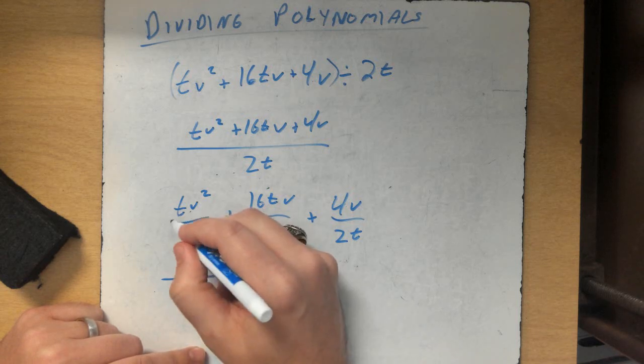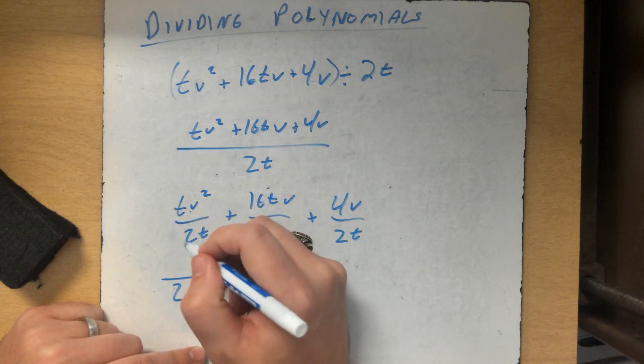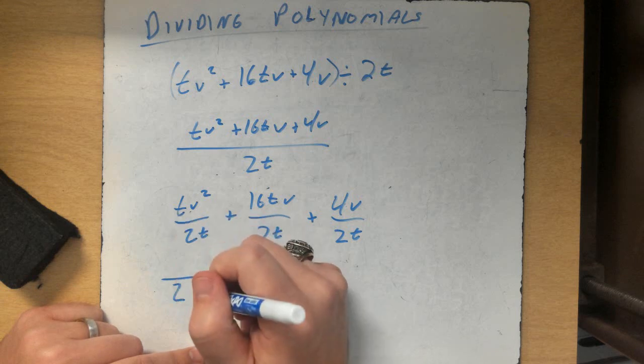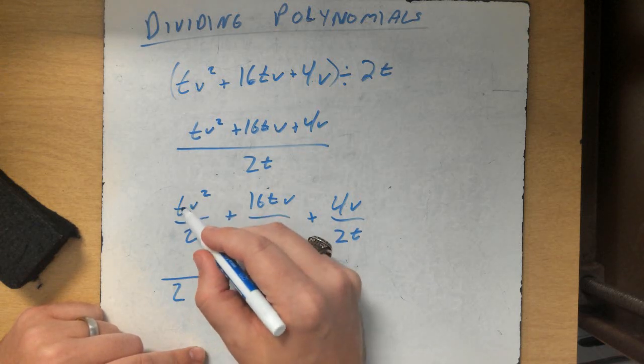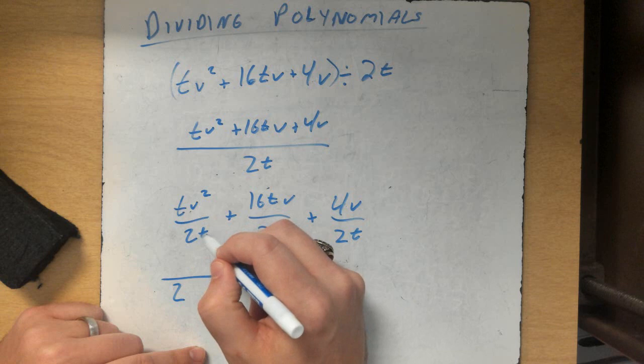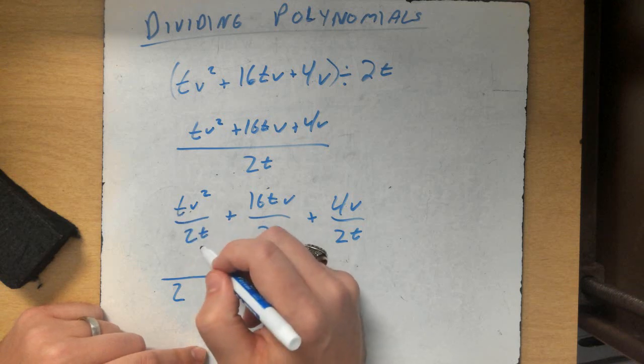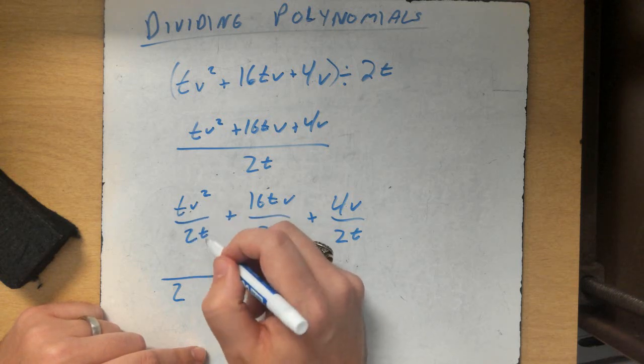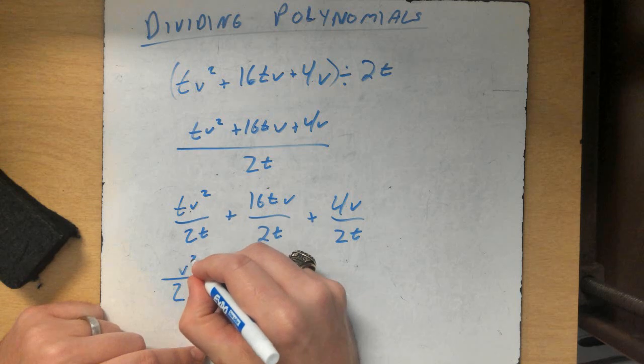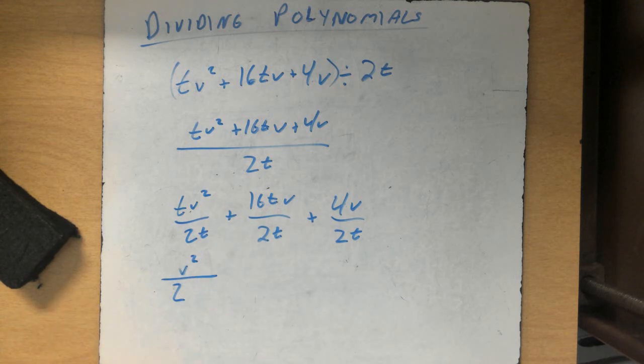Obviously this would be a 1 on top, but we're going to leave it blank for now. We have a t on top and a t on bottom. We can cancel those out. We don't need to write them. And then we have a v squared on top and no v's on the bottom, so we're just going to keep that v squared on top of our fraction there, okay?